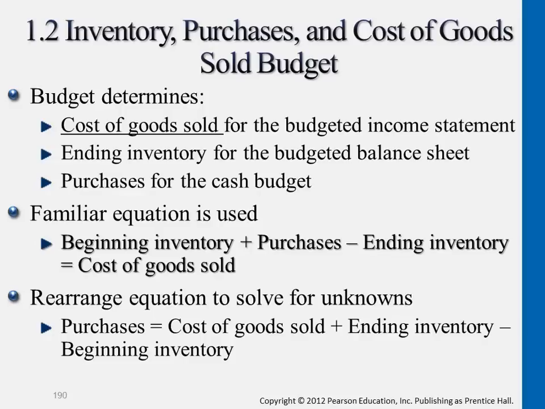After selling a portion of the product, you turn it into cost of goods sold. You may have a lower level of ending inventory, and then you need to do budgets for next season. What is the potential number of products that you need to purchase, which goes into the purchases account? So this area of the budget, literally just by its name, determines all three numbers: inventory, purchases value, and cost of goods sold.